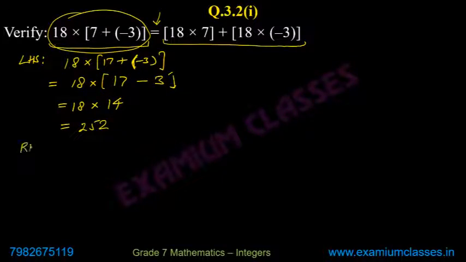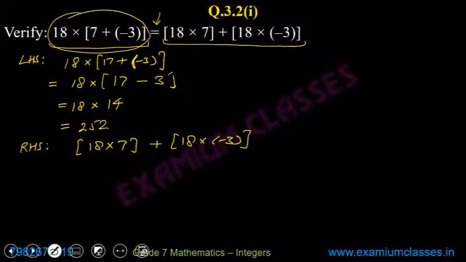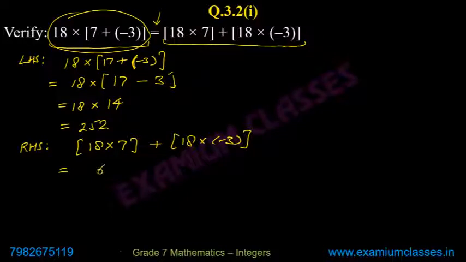Then you will write the right-hand side. 18 into 7 plus 18 into minus 3, and you will say 18 into 7 plus 18 into minus 3 will actually give you minus. Okay, it was not 17, it was 7.